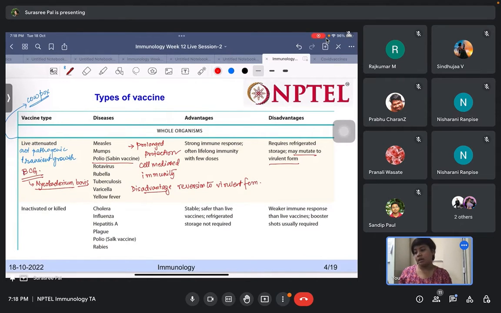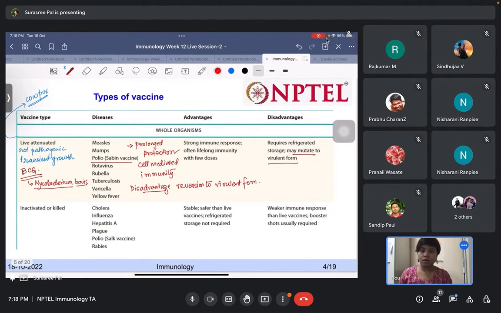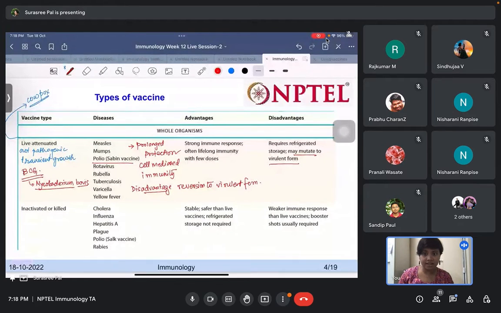Now coming to the next type of vaccine, which is the inactivated or killed vaccine, where the pathogen is killed.